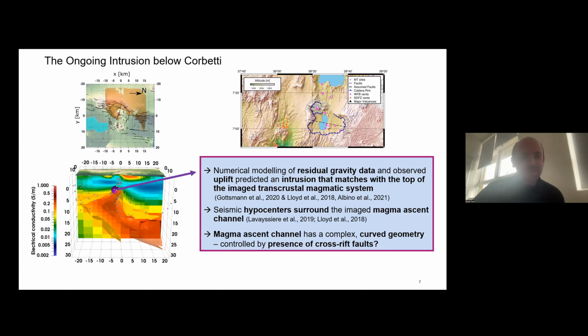Just a quick question. Do you have any thoughts on why the shallowest magma body is always at 5 kilometers beneath Aluto, Corbetti, and also Tulamoyo was quite similar, I think, for Friedemann's results? Why? What's controlling that depth?